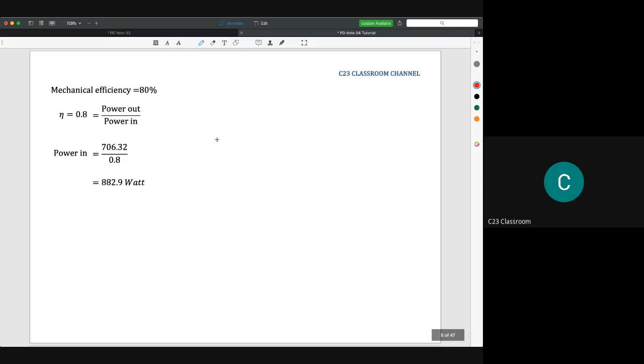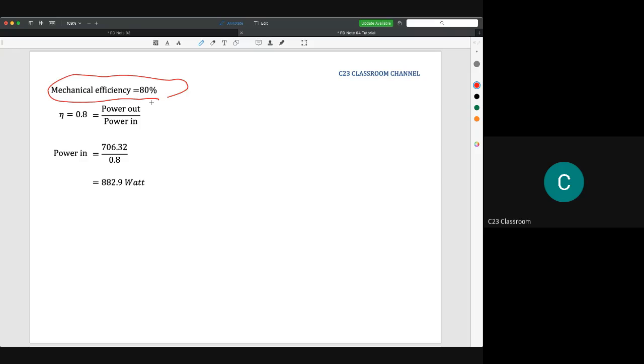But we must know that a piston pump has only 80% mechanical efficiency. Normally in a piston pump, we are talking about mechanical efficiency because we don't have any manometric efficiency. We have only the volumetric efficiency and also the mechanical efficiency.